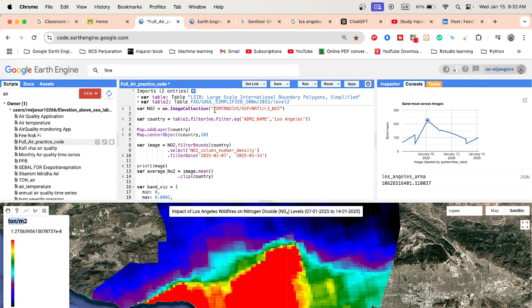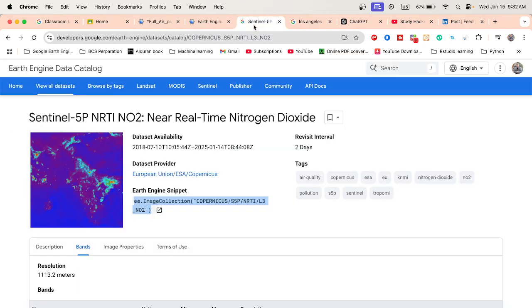In this case we just use this data, and this data name is the near real time nitrogen dioxide. It's one kind of Sentinel 5P TROPOMI dataset. From here we can easily find the near real time nitrogen dioxide data, and this is the last time period, 2025 January 14.